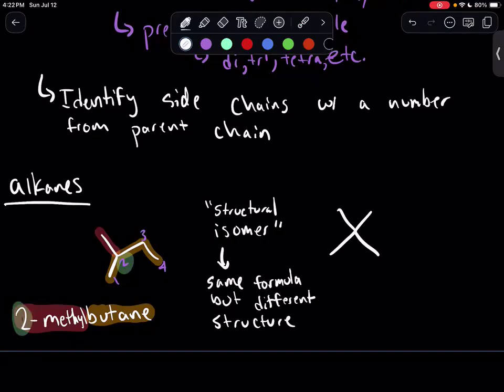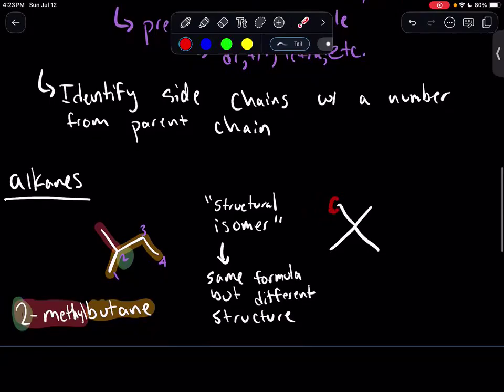All right, looking at our new one here, we have 1, 2, 3 carbons in a chain, or 1, 2, 3 carbons in a chain, or 1, 2, 3 carbons in a chain. No matter what, our longest chain is 3 carbons. So I'm going to color one of them. On that chain, I have 2 methyl groups. So this is still going to be a propane.